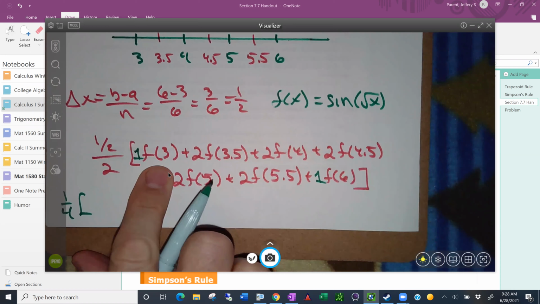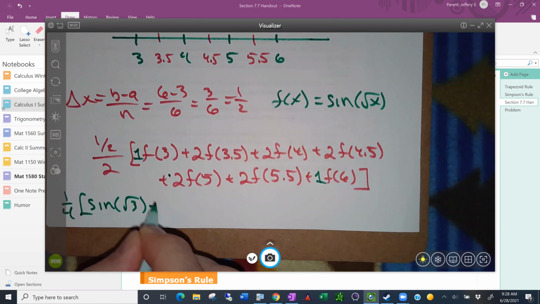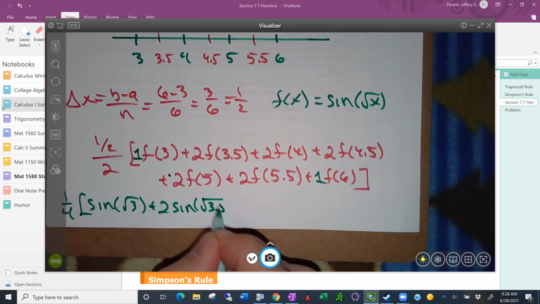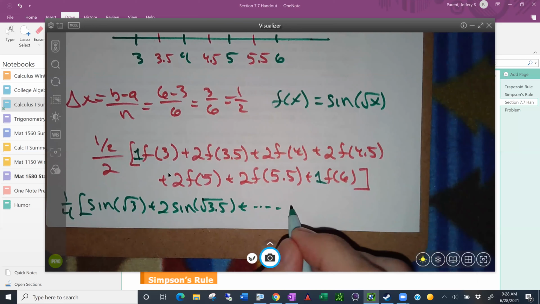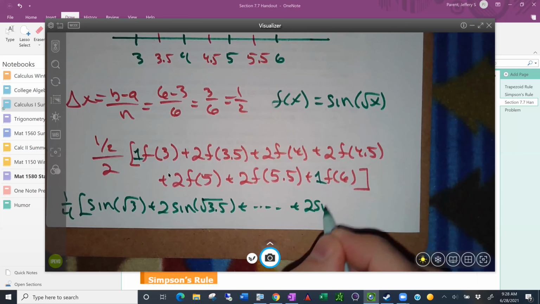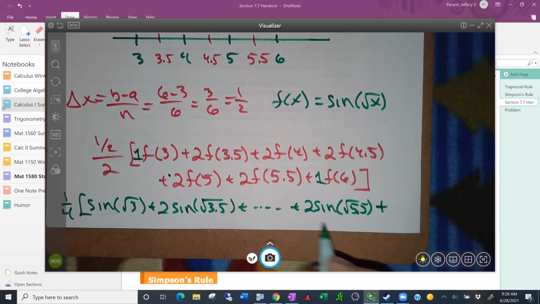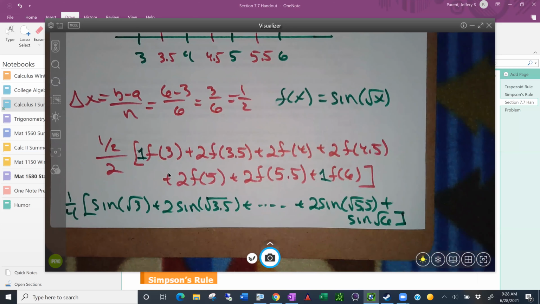F of 3, that's going to be the sine of the square root of 3 plus 2 times the sine of the square root of 3.5, and so on, all the way down to 2 times the sine of the square root of 5.5, plus, and the last one is going to be the sine of the square root of 6. Like that. All right.